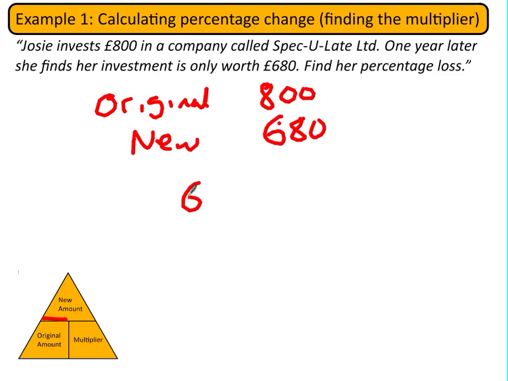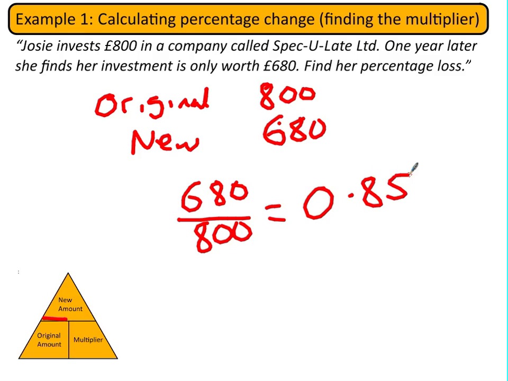So that's going to be 680 divided by 800. So if we work that out, we get the answer 0.85. Now, when you're trying to find out a percentage, we must remember to convert that back into a percentage. That's just the corresponding multiplier, and 0.85 corresponds to a 15% decrease.